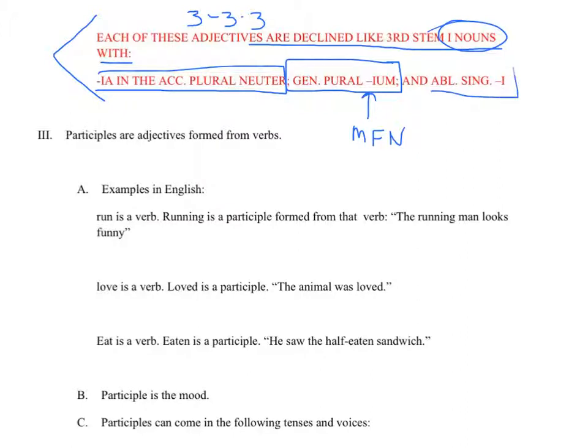And the ablative singular, masculine, feminine, or neuter, is always an I. So they have three irregularities: the accusative plural, the genitive plural, and the ablative singular all have an I that normal third declensions do not have.